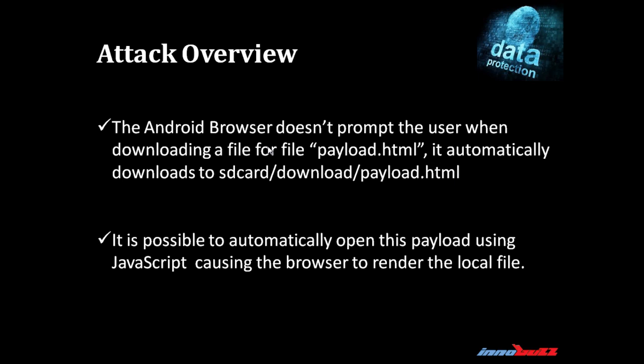For this attack overview, the Android browser does not prompt the user when downloading a file for payload.html. It will automatically download this file to SD card /download payload.html. It's possible to automatically open this payload using JavaScript, causing the browser to render the local file.